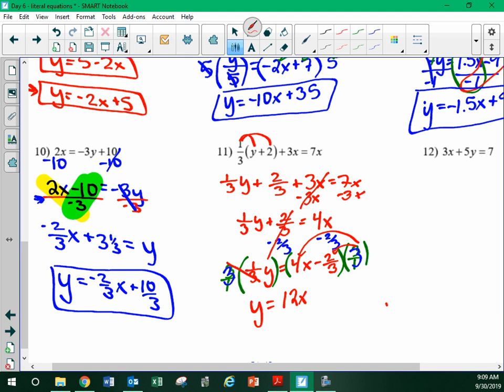Make sure you put parentheses around your fraction. I got negative 2. Does anyone else get the same thing? Good. So you just end up distributing, right? We have to distribute again, just like that other problem we had.